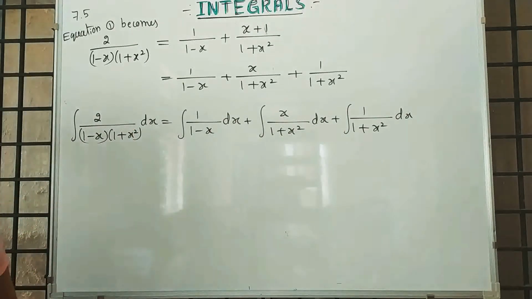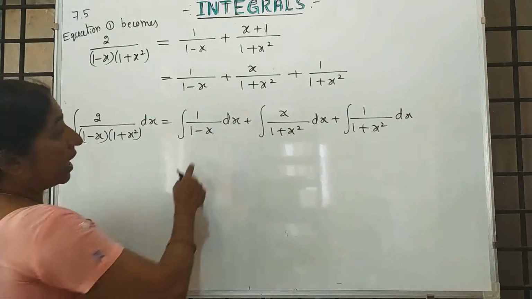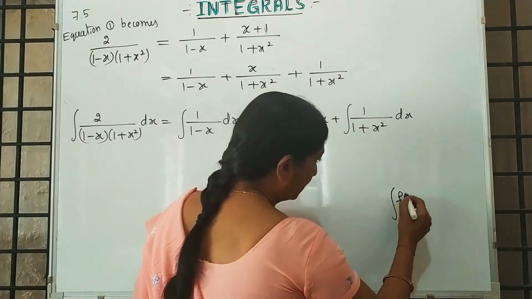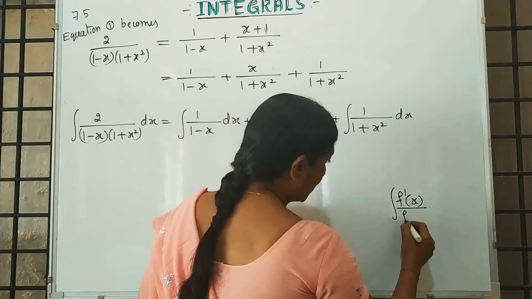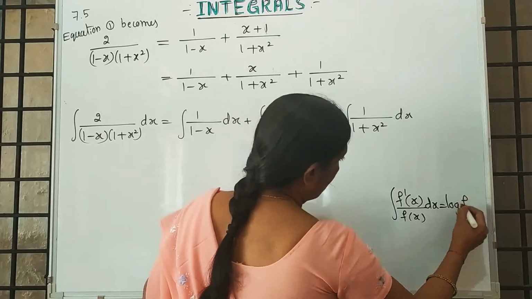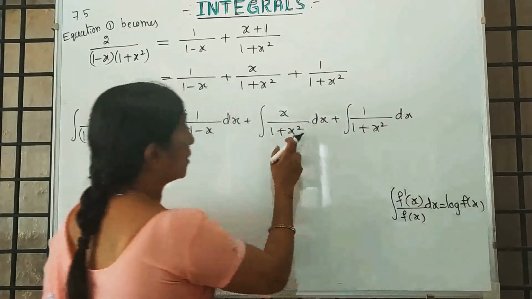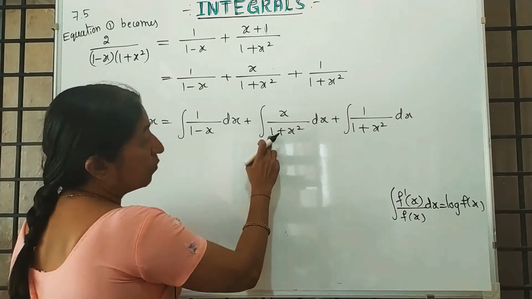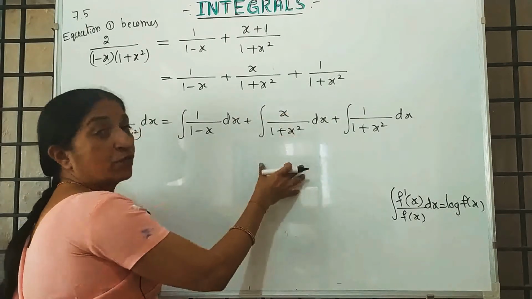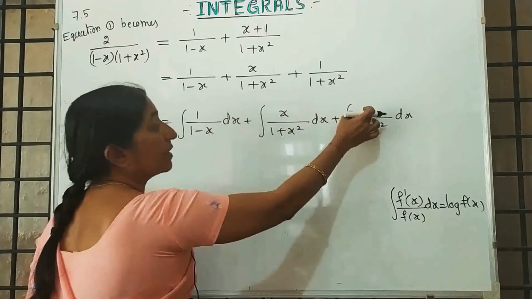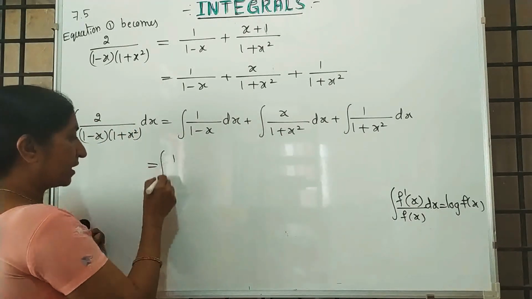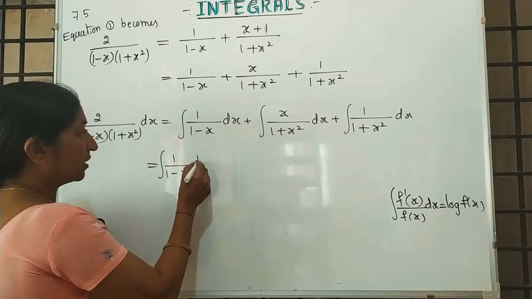See here, we are familiar with the integration of the first one and the last one, but the middle one is near to the formula f dash of x upon f of x, that is log of f of x. Differentiation of the denominator gives the numerator. See, what is the differentiation of 1 plus x square? 2x. Only for this we are thinking why? Because in the remaining two there is no x in the numerator. So it is the integration of x upon (1 plus x square) dx.